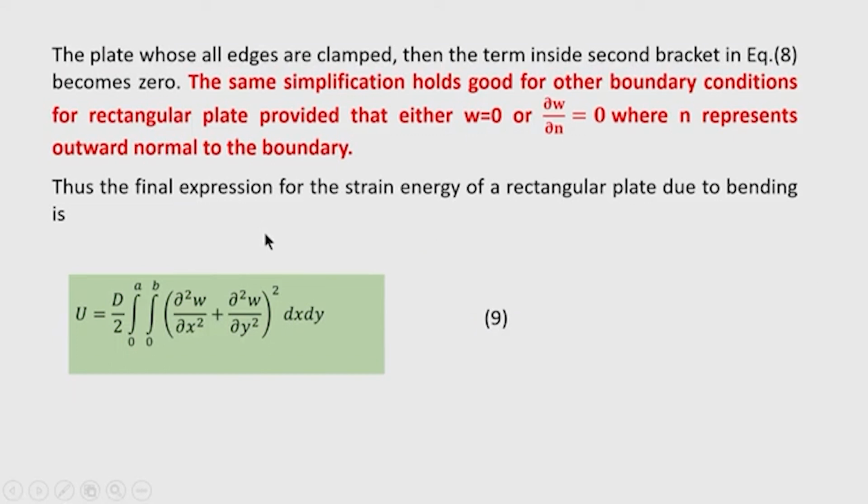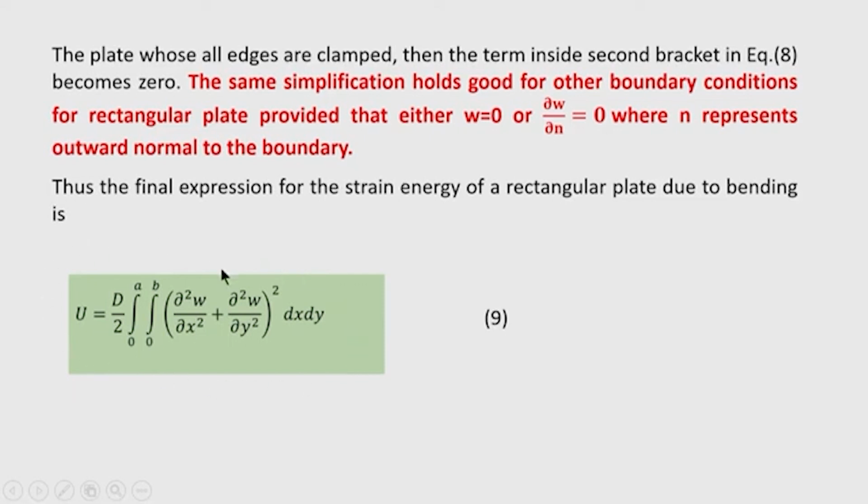So, after simplification you can see the strain energy can be written as D by 2 integration 0 to a, 0 to b, bracket del square W by del x square plus del square W by del y square whole square. So, this is the expression of strain energy for the plate.